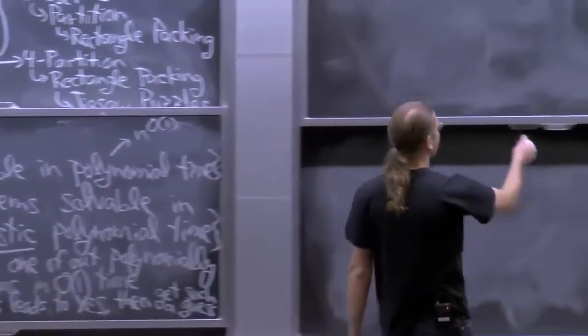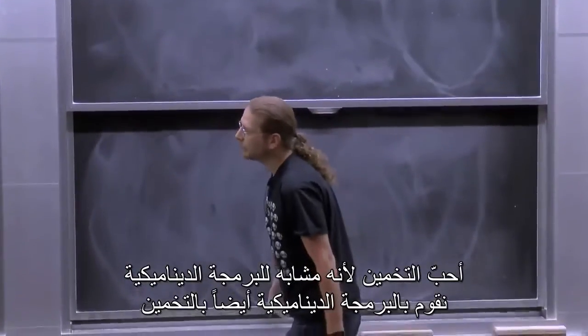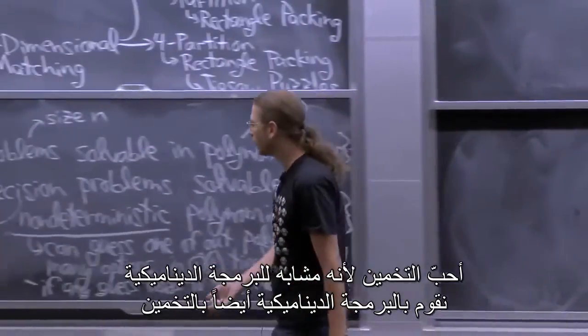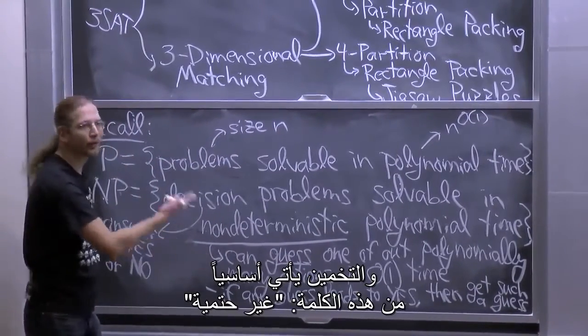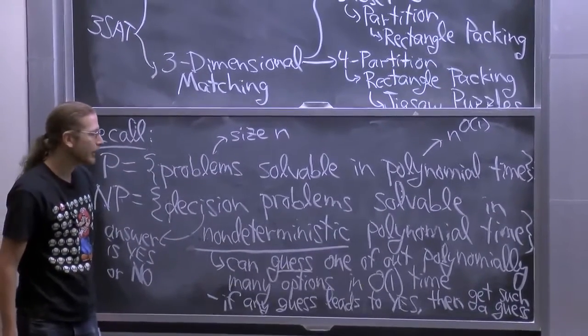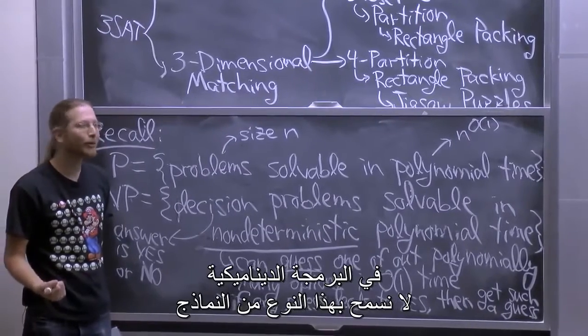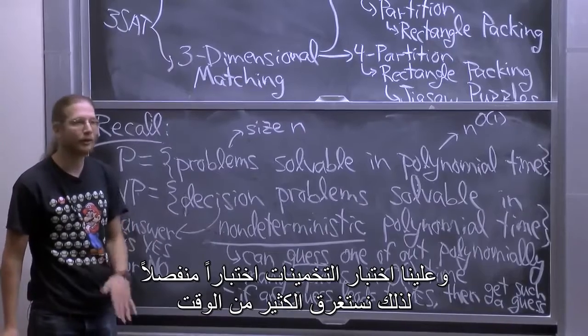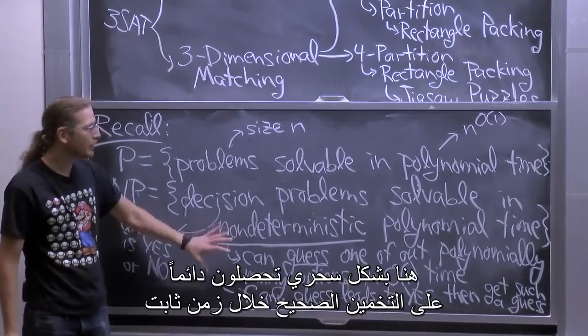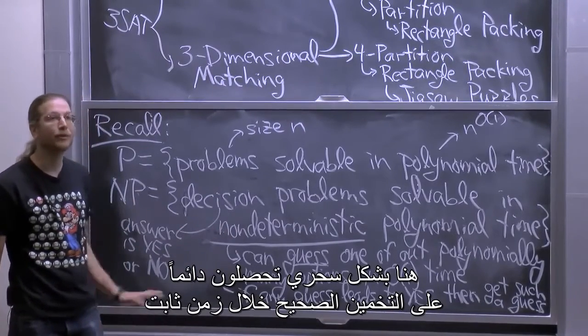I like guessing because it's like dynamic programming. With dynamic programming, we also guess. And guessing actually originally comes from this world of non-determinism. In dynamic programming, we don't allow this kind of model. And so we have to check the guesses separately. And so we spend lots of time. Here, magically, you always get the right guess in only constant time.